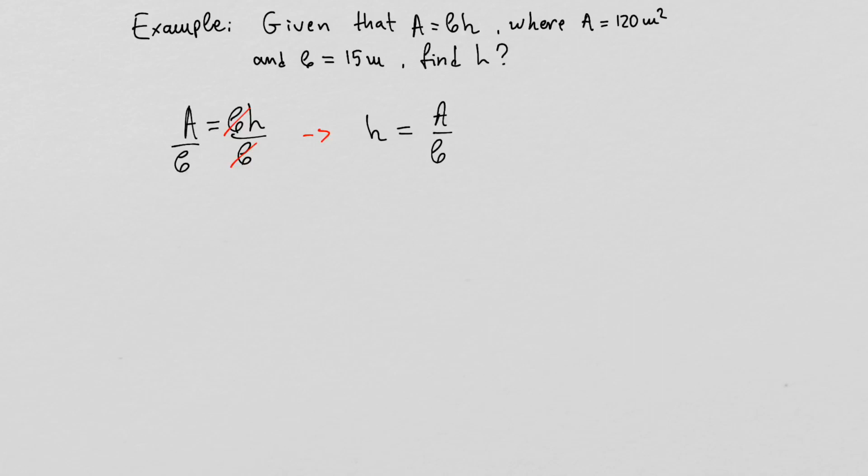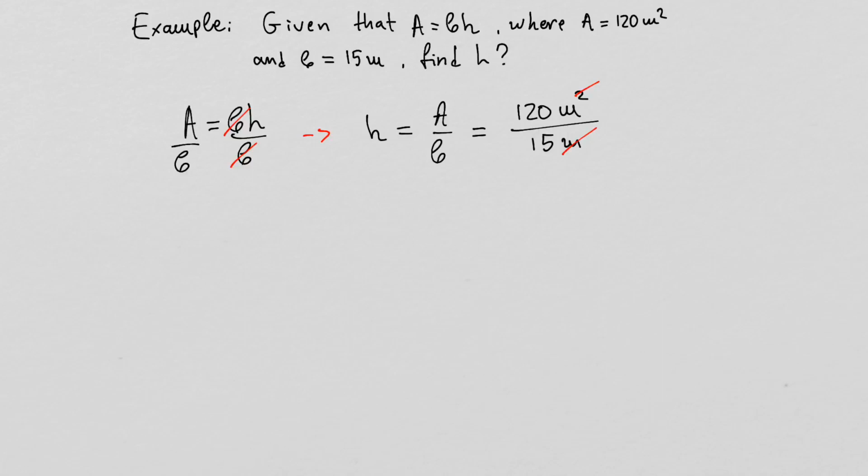All right, so now I'm ready to substitute the values of A and B into that formula. So this becomes 120 meters to the second power divided by 15 meters. Here notice that in the numerator I have meters to the second power, which is essentially meters times meters. In the denominator I have only meters, so that means that one of the meters in the numerator and the meters in the denominator will cancel out.